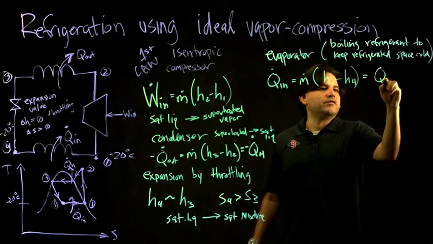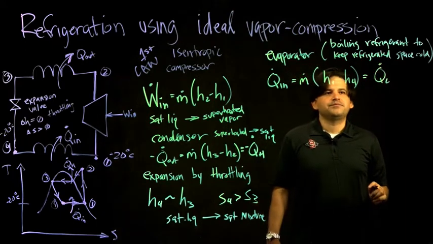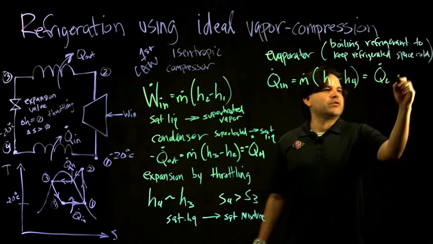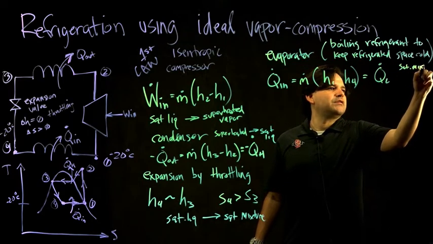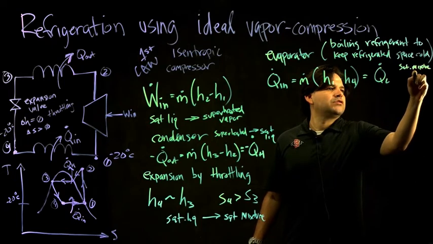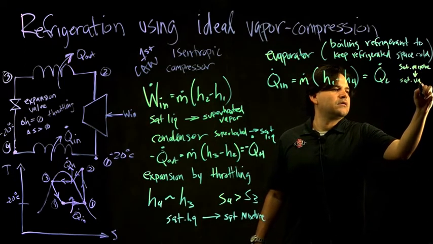And this is a reverse heat engine. This is a QL. This is the whole point. This is what we want. And what we're doing is going from a saturated mixture to the borderline of the steam dome.